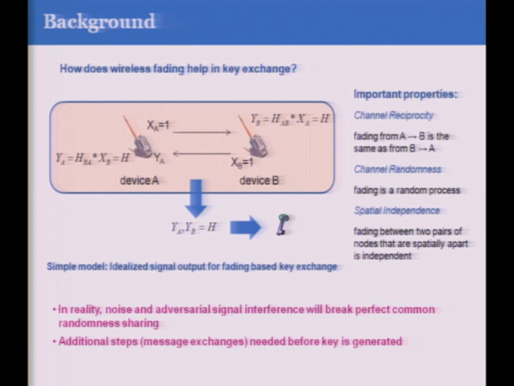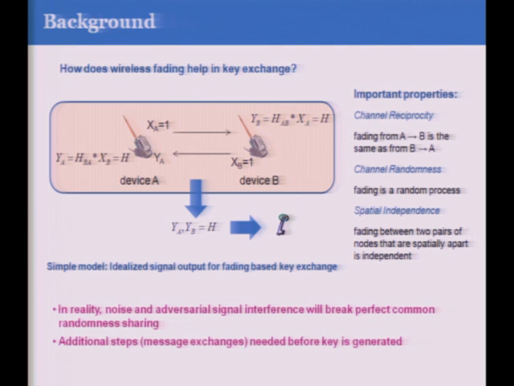Of course, in reality, you will have both noise and adversarial signal interference. And so what this will do is break this perfect common randomness sharing that happens between A and B. And so you would have to actually go through additional steps before generating a secret key. These additional steps are nothing but message exchanges between node A and node B before they can generate a secret key.